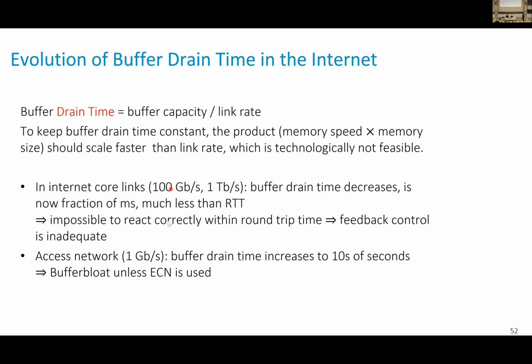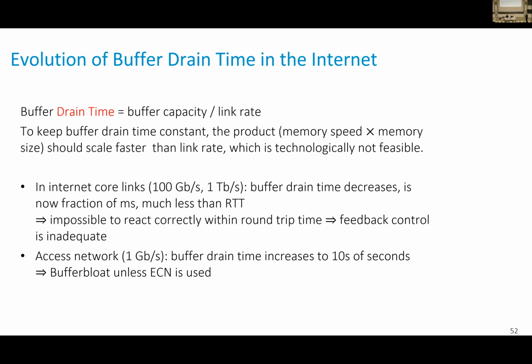Now, in internet core links, the technology is such that if you want to increase the buffer capacity and increase the link rate, you need to increase the performance of your technology for accesses. If you have a given buffer size and you want to read and write it at twice the speed, you need to improve your technology by a factor of 2. But if you want at the same time to double the size of your buffer and keep the drain time constant, then you need to reduce the nanometers of your technology.